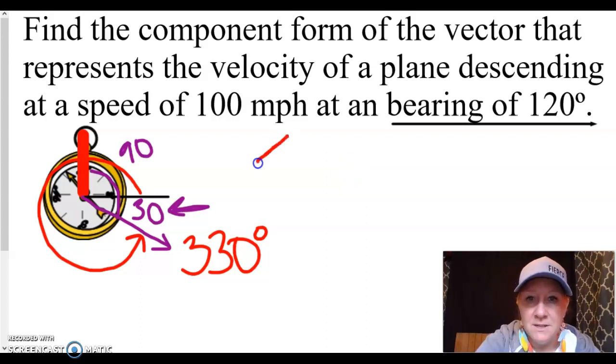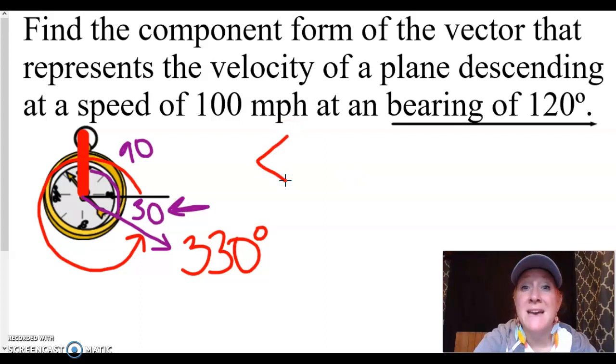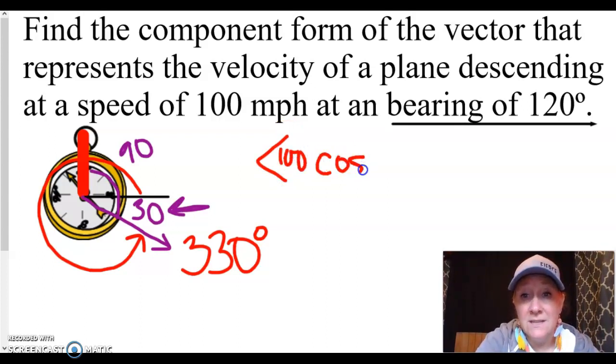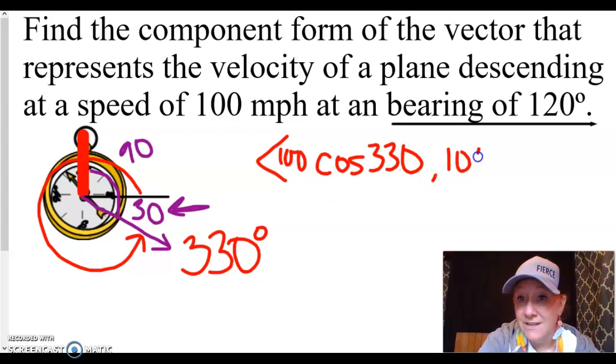So I'm going to go to my component form. The magnitude is 100, then I do cosine of 330, and 100 sine of 330.